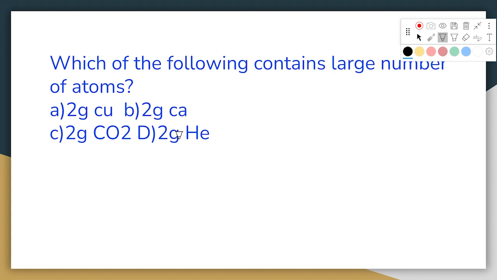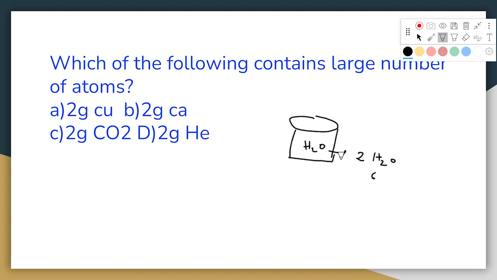Third, which of the following contains the largest number of atoms? He's asking for the largest number of atoms. Simple. Suppose I have a container, right? In this vessel, if I have one water molecule, how many atoms? 3. In the same vessel, if I have two water molecules, how many atoms? 4 hydrogens, 2 oxygens, total 6.